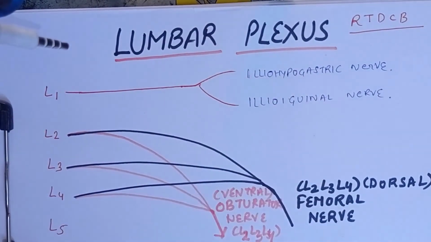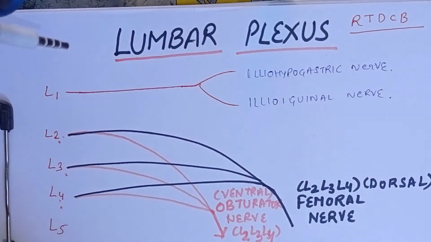You can also refer to it as the anterior division of L2, L3, L4 giving the obturator nerve, and the dorsal division of L2, L3 and L4, which I have drawn with the black color, giving the femoral nerve. Got it?